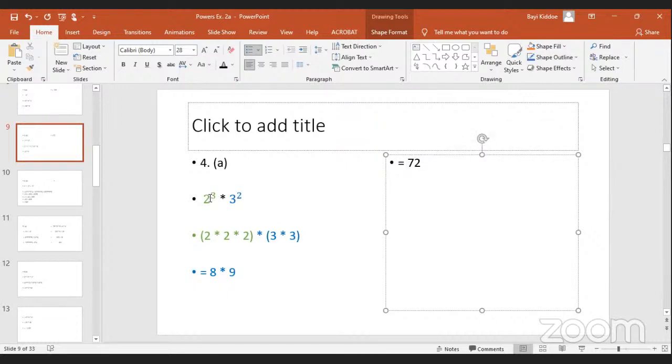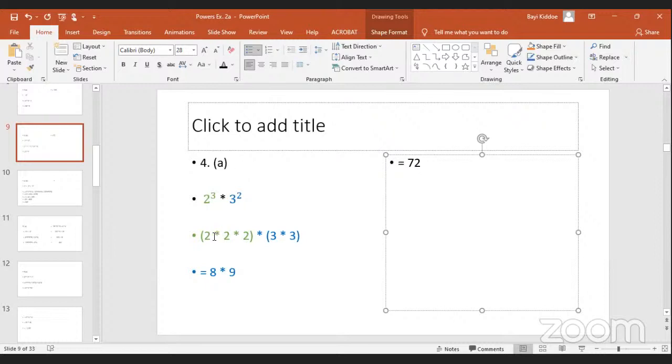All right, let me go over that again. So we have 2 to the 3, or 2 to the 3rd power, times 3 to the 2nd power. So 2 to the 3 is the same thing as 2 times itself 3 times. So it's 2 times 2 times 2, right?